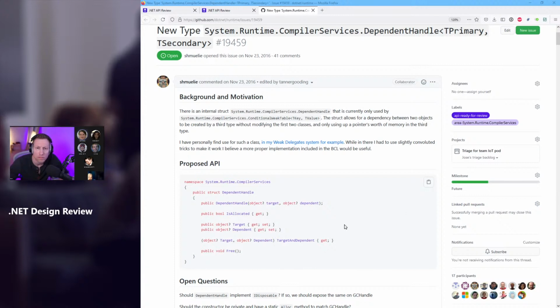Meaning it's basically the tuple call, or it's two methods, one's get primary and one's get secondary? No, it's a single method. Okay. Because it's represented as a single int pointer for both handles, and the runtime does magic to make all of that work correctly.